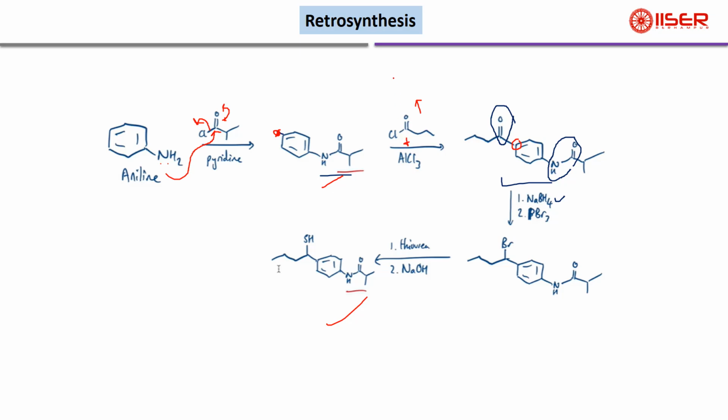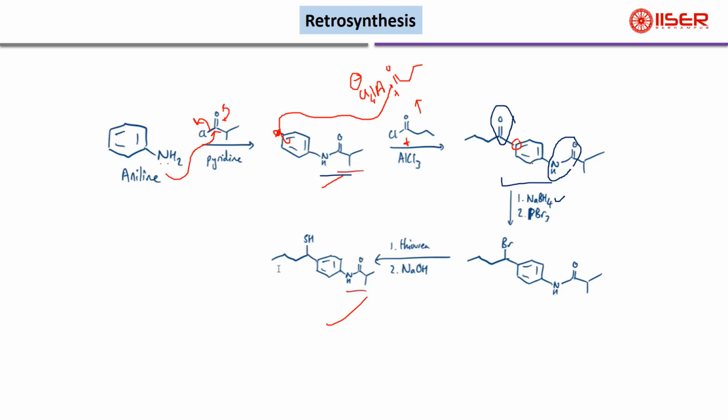It will form this acyl cation and AlCl4 minus. Then this aniline can attack from this para position to form this.